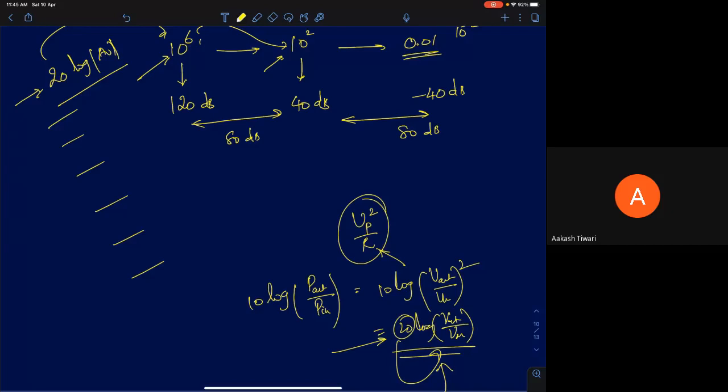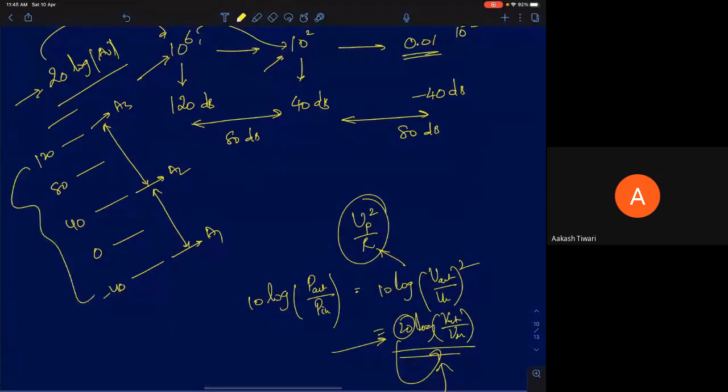So this is minus 40, this is 0, this is plus 40, this is 80, this is 120. Now you see the gain of A3 is here, the gain of A2 is here, and the gain of A1 is here. Now I was able to plot all three gains with significant variation on a single graph. This is the advantage of a logarithmic function.